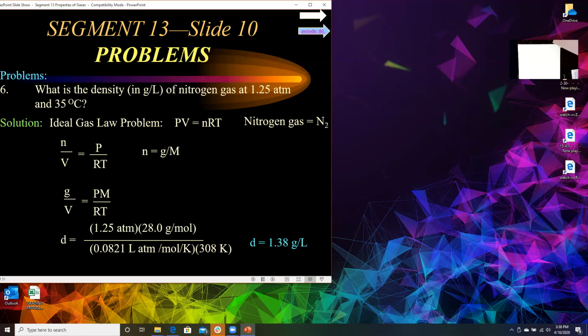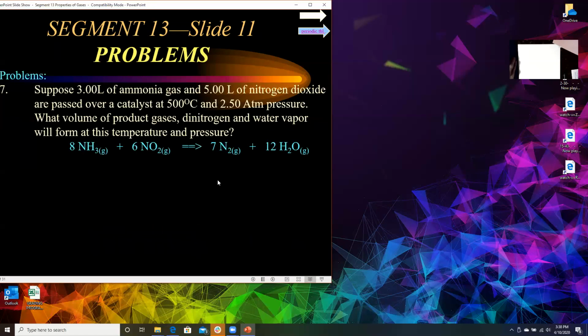Or if you come up with a density of 0.004 grams per liter, it's probably wrong. So you can get an idea of what the numbers should be. So if you put some numbers up here in the wrong unit, you'll get an answer probably that's not going to be in the range you expect for gaseous densities. You always want to check your numbers to see if they make sense.